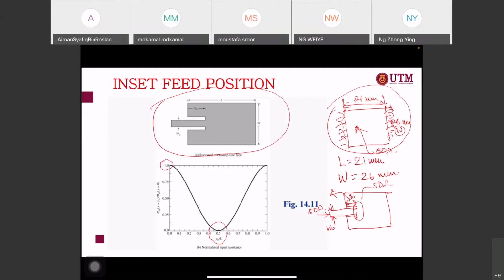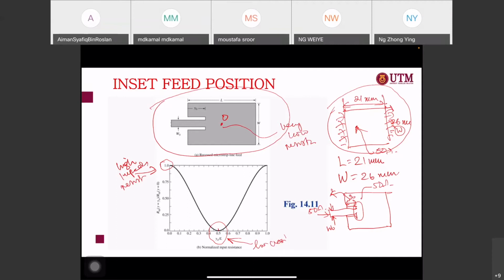At the center here, the value is very low compared to the edge. At the edge you have a high impedance or high resistance, and at the center a very low resistance, which nearly can become 0.